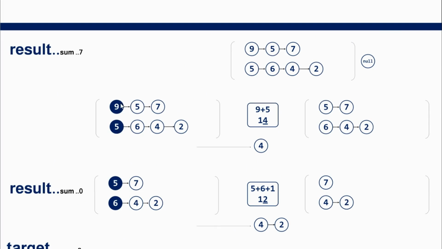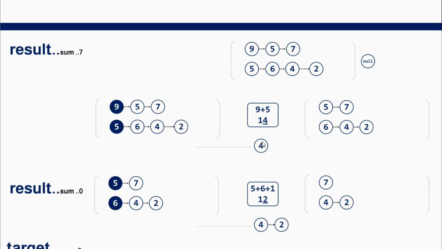List 1 head is pointing to 9 and list 2 head is pointing to 5. So add 9 plus 5, it is 14. From 14 we'll place the last digit 4 in our resultant linked list, and we'll carry over this 1. So our resultant linked list is now 4.